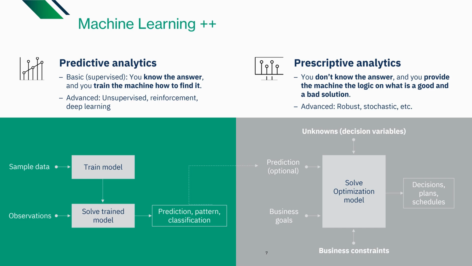Inventory optimization combines machine learning capabilities for predictive analytics, like demand forecasting, with mathematical optimization for prescriptive analytics to make optimal inventory planning decisions. The predictive piece uses techniques like regression, neural nets, decision trees, etc., to forecast future demand based on patterns in historical data.